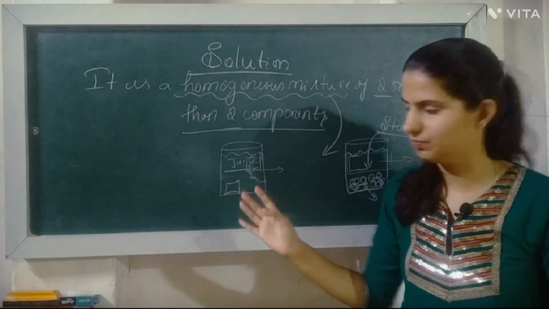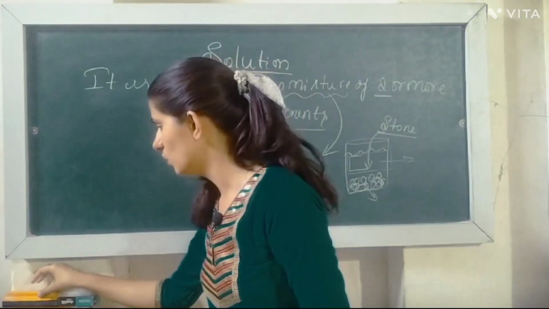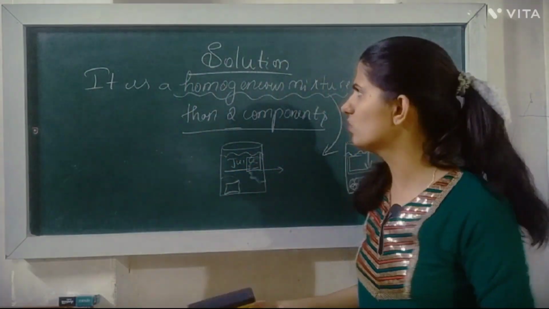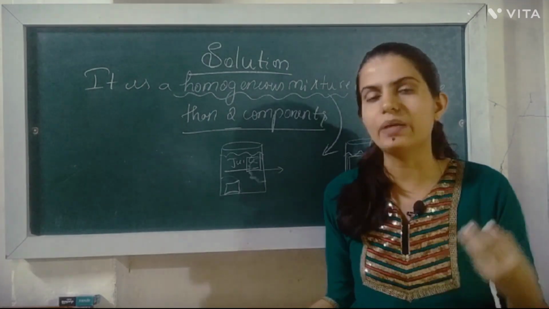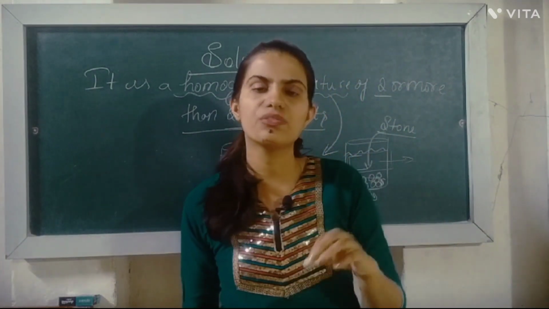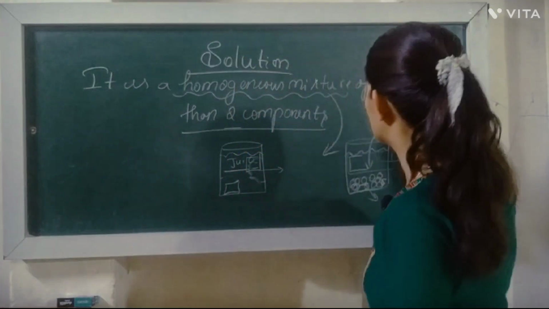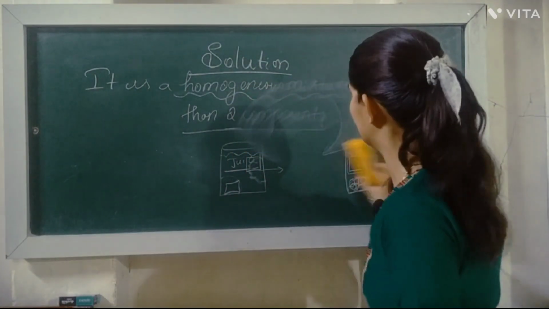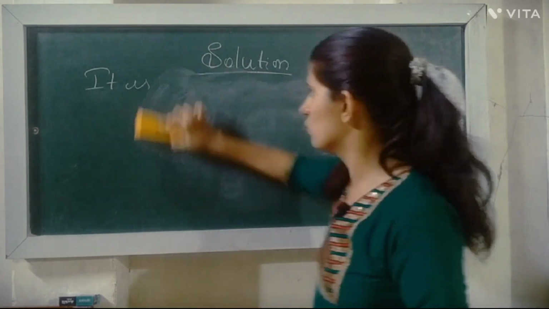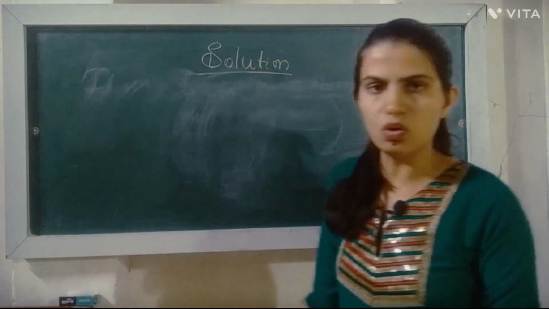Now let's move on to what is an aqueous solution. We must know a little bit more about it. Aqueous solution means a solution which has water. So let's learn what the 2 components are. In the solution I told you 2 or more than 2 components may be present.